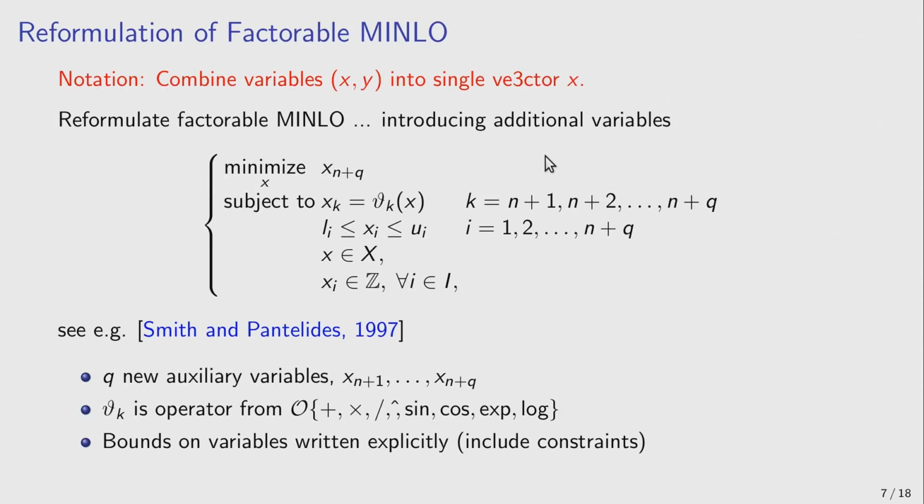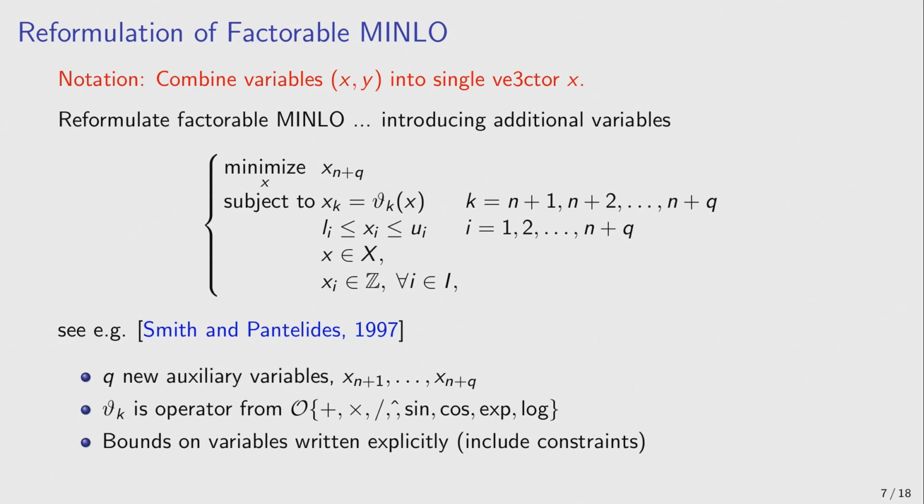And that means that I can rewrite my whole mixed integer nonlinear optimization problem by writing it in terms of a new problem in which I look at having these unary and binary operators that I'm operating with as I'm going through my tree.